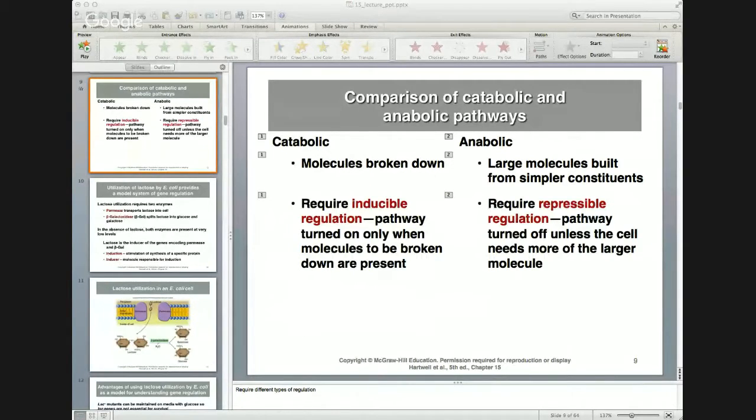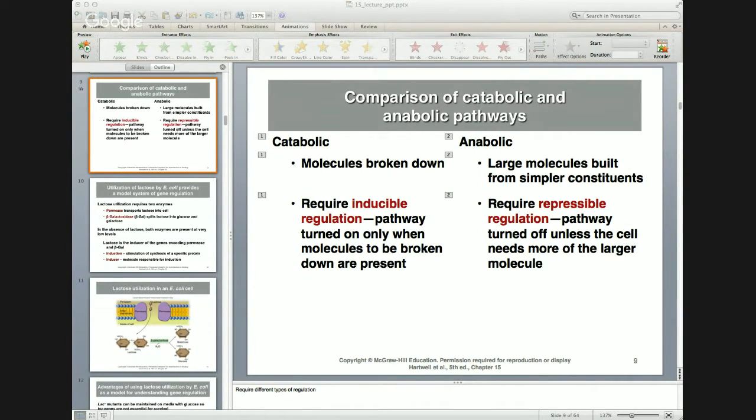Cells make these amino acids when necessary, and in order to make these amino acids, anabolic pathways are used, and anabolic pathways require repressible regulation.